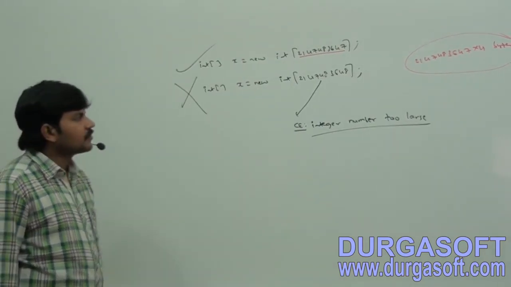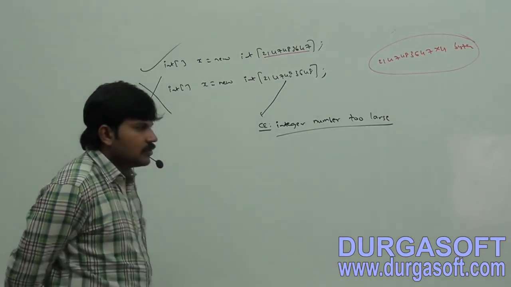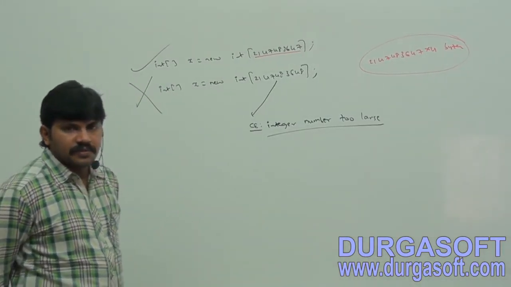Take both examples. The first one is valid, but the second one is invalid. Integer number too large, like a compile time error, we are going to get.